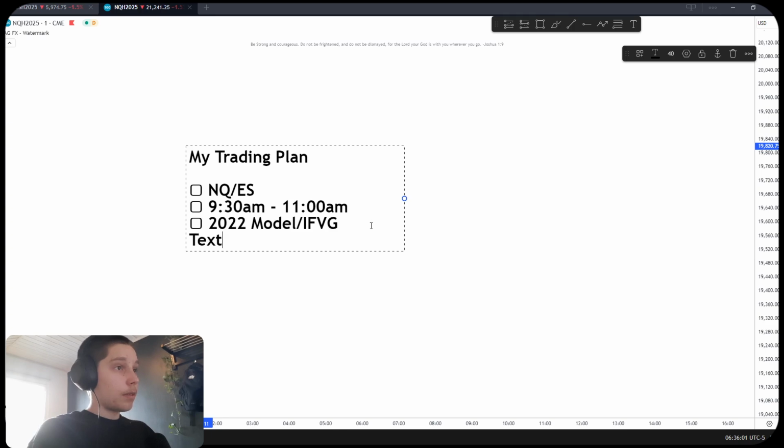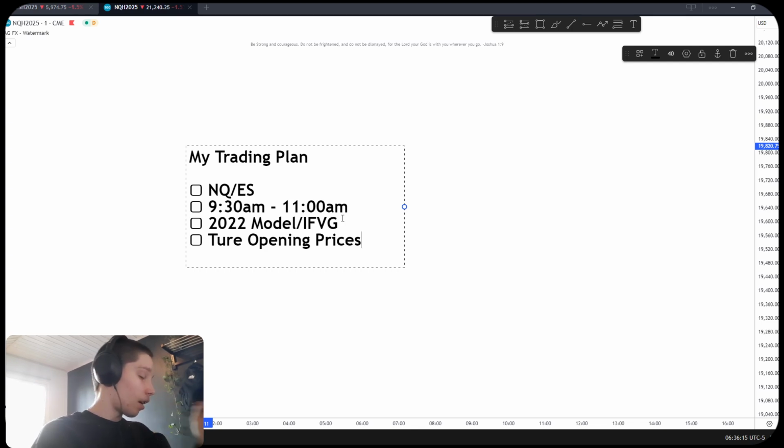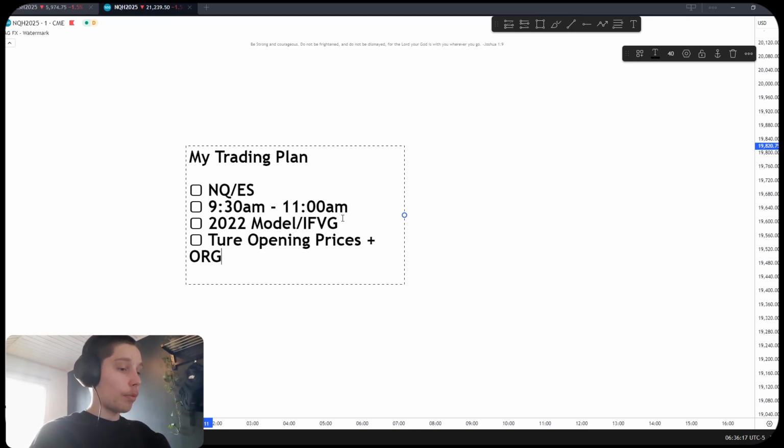Then a couple of important things that I like to mark out with my strategy: true opening prices and opening range gap. True opening prices are midnight opening price, 8:30 opening price, and 9:30 opening price, all New York time.